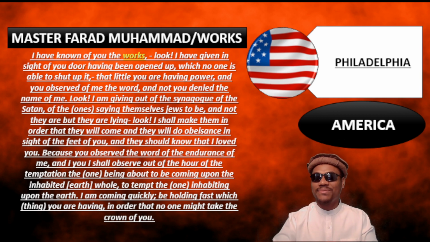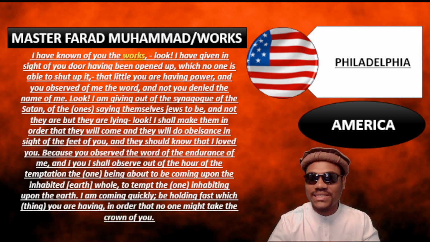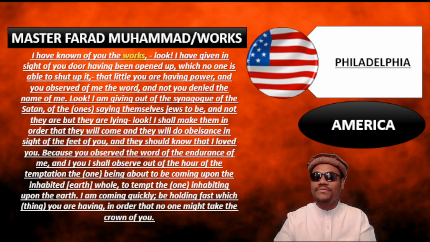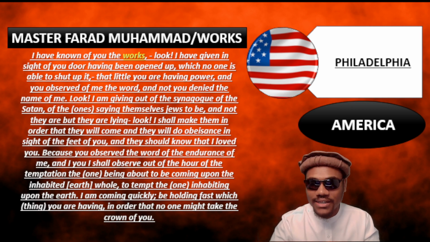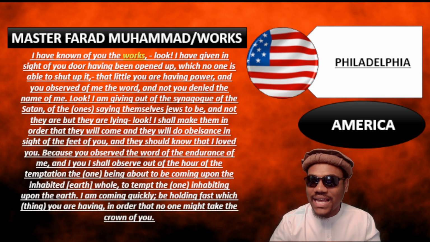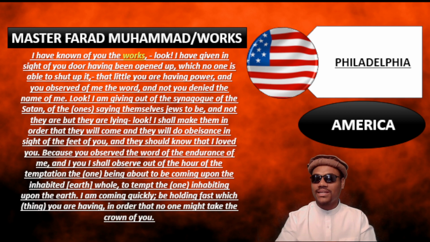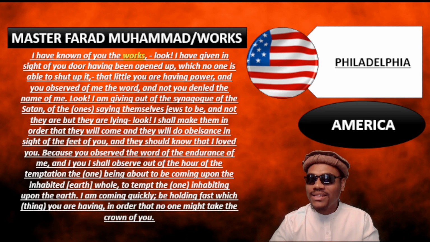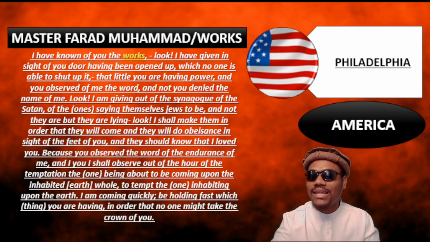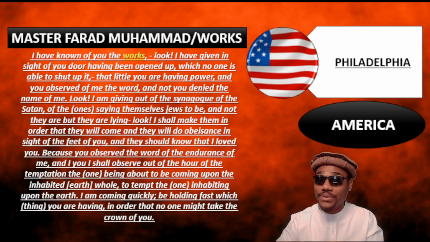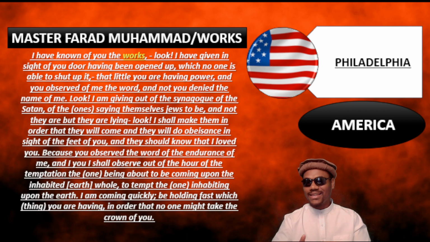So he's telling that demon that this is what he's about to do. You see, I'm doing this. I'm about to put this in place, so they know that I love the ones that they're coming, that the Satan will have to do obeisance in the sight of the feet of them. So he's telling the demon that I'm letting them know that the ones that they had to do that to, I love them. You see, and I don't love you. That's what he's saying in that context.